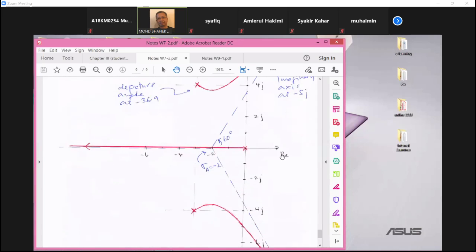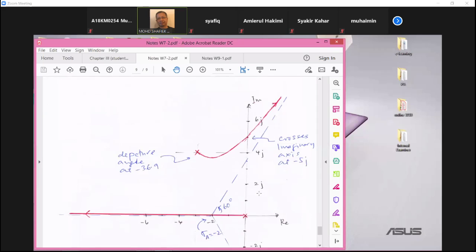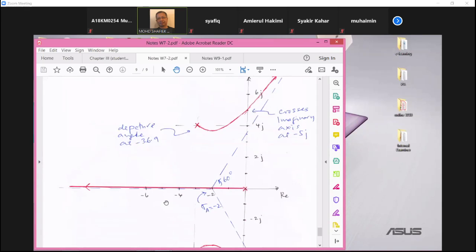And take note that your locus diagram is always symmetrical about the real axis. Okay, so that's it. In this case there is no breakaway or breaking point. Step 8, I guess, because on the real axis, the locus is not leaving.